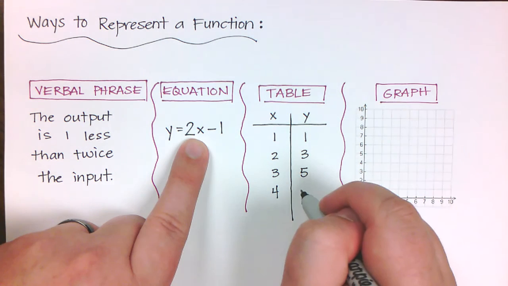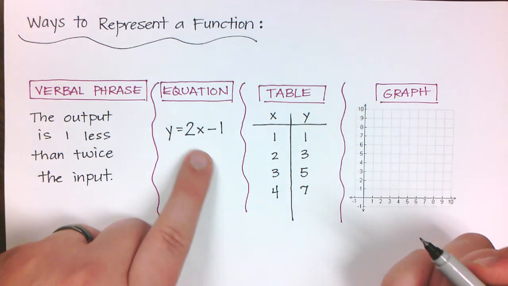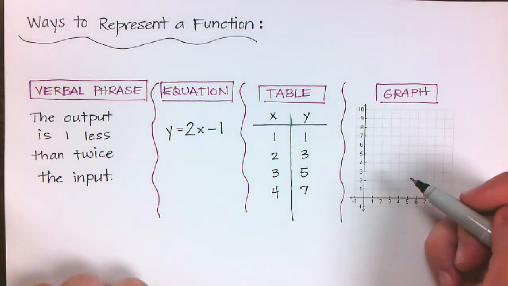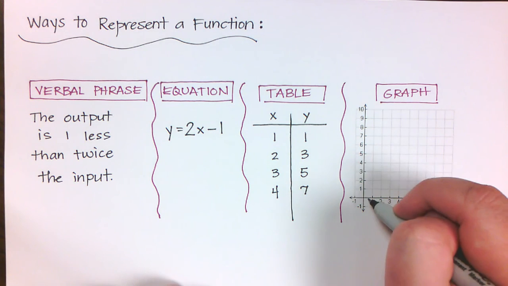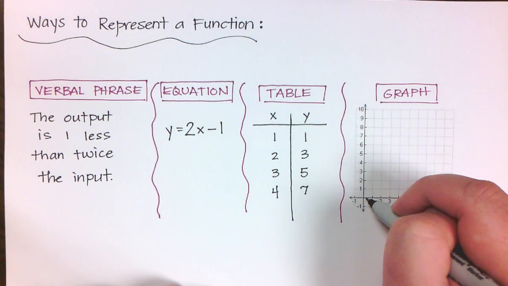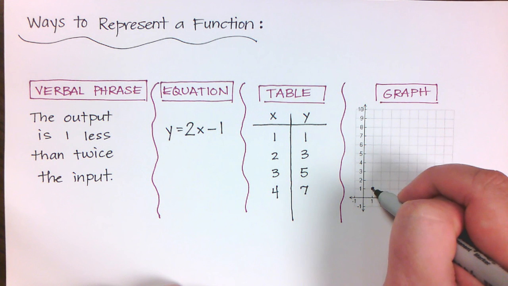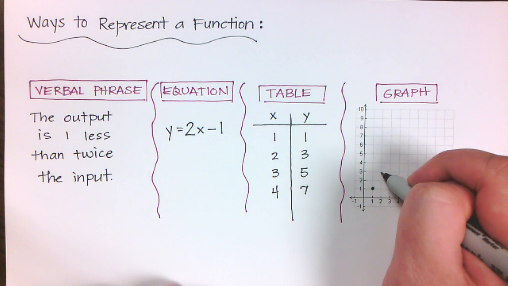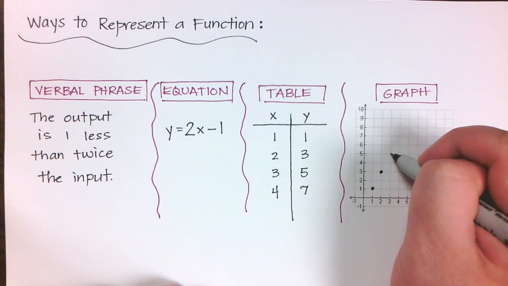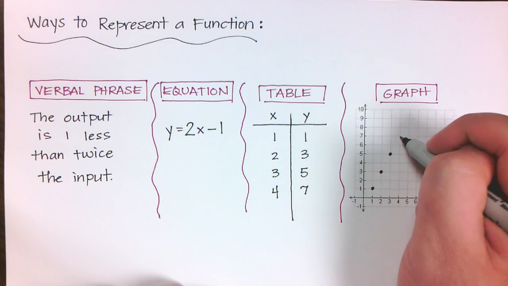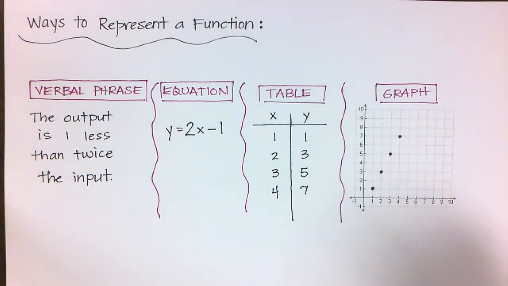And 2 times 4 is 8, minus 1 is 7. So the final way that I could represent a function would be by graphing the input and the output as coordinate points. So (1, 1), (2, 3), (3, 5), and (4, 7). And I'm done. So we've learned all these different ways now to represent a function.